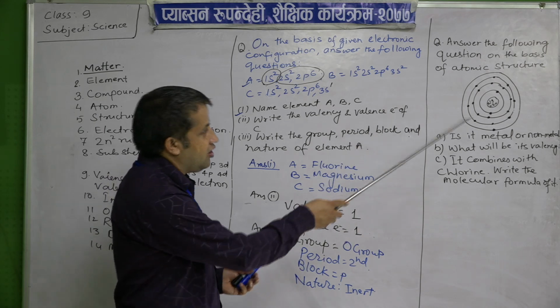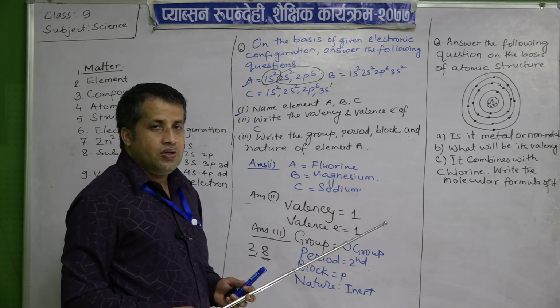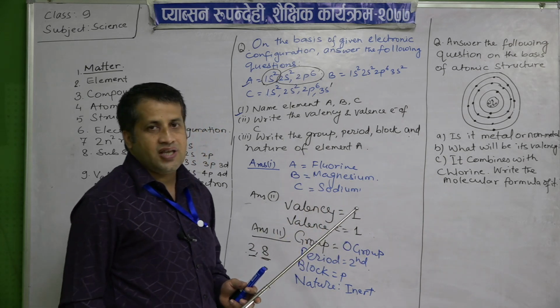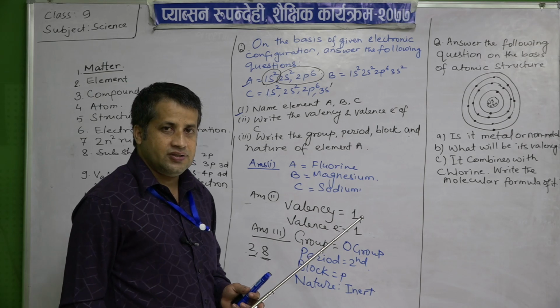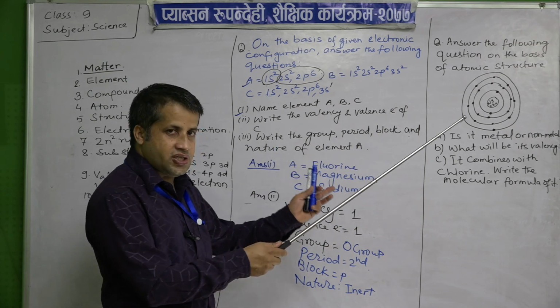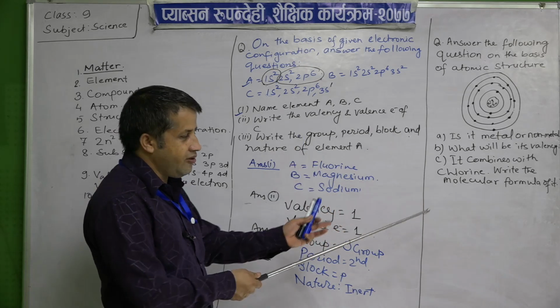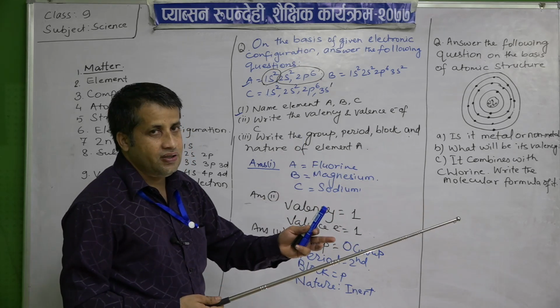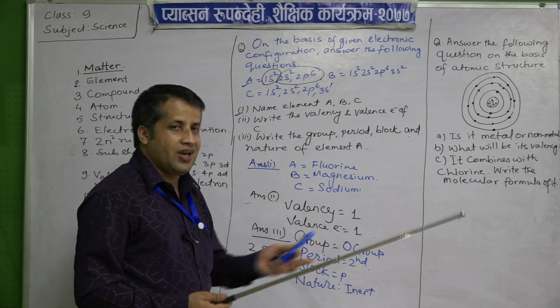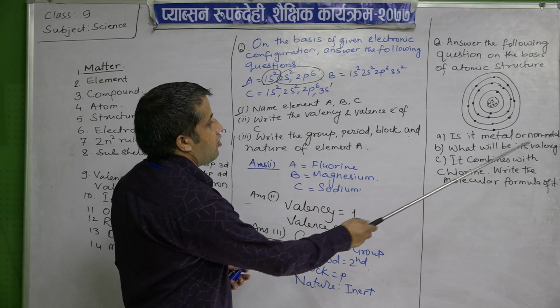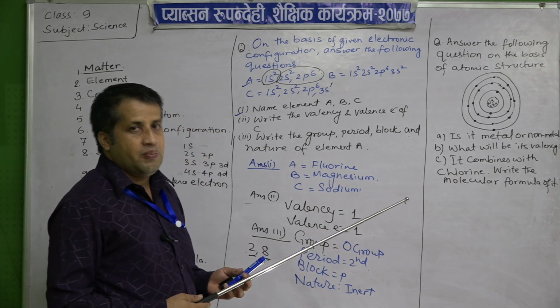So by studying here we can easily know that since 1 electron is there in the valence shell, it is a metal. The question can be changed, the atomic structure can be given differently, but if you have understood the concept, you can write the answer very easily. So here, it is a metal.